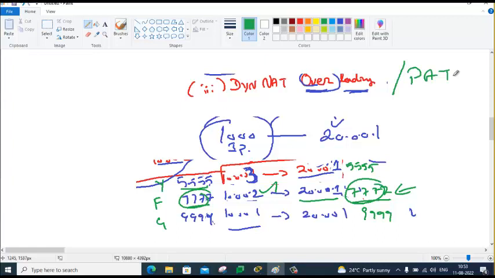To solve the problem, dynamic NAT overloading uses the port number, so that with the help of the port number, it can map the replies. It can map the service by using the same mapped address.